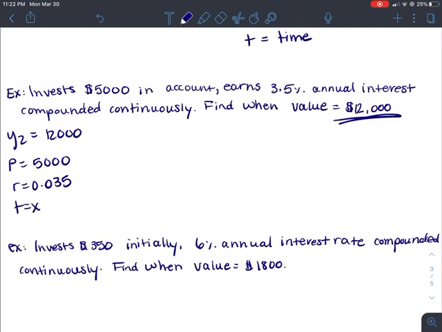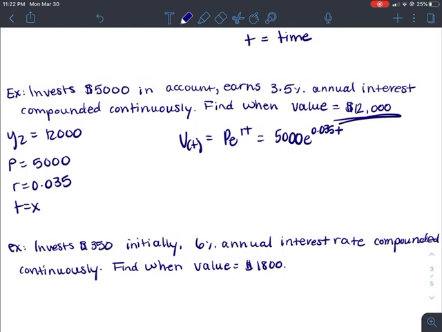So I plug in, v of t equals p e to the rt, so this is 5,000 e to the 0.035t.